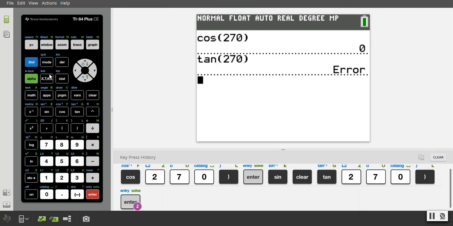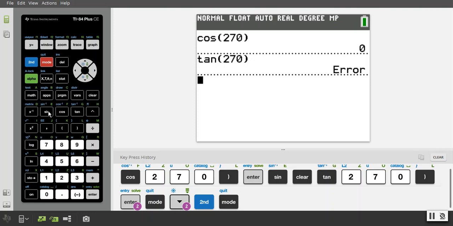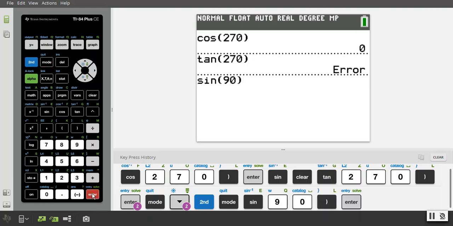And then last but not least, if you ever want to determine if your calculator is in degrees, not radians, you can always go to mode and change it, and make sure that it's in degrees. You can test it by typing in sine of 90, and if it gives me 1, I know it's in degrees.